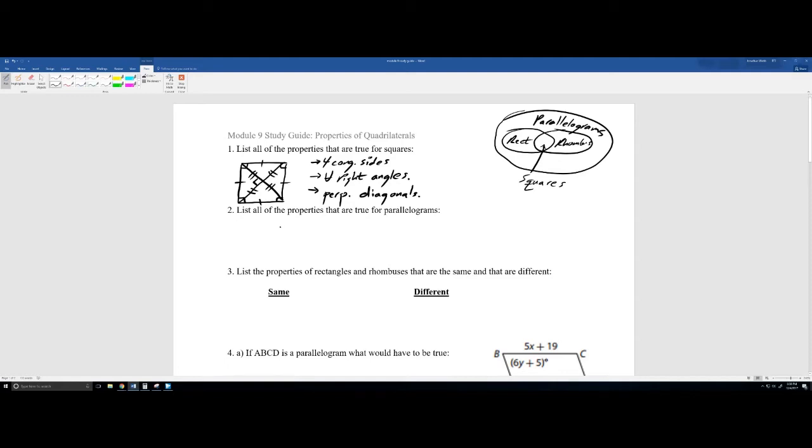Oh boy. First off, don't forget about opposite angles. If I was to draw a simple parallelogram, that's the same with squares too. Opposite angles are congruent. I kind of forgot about that.